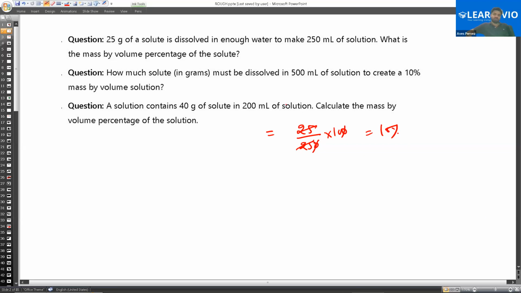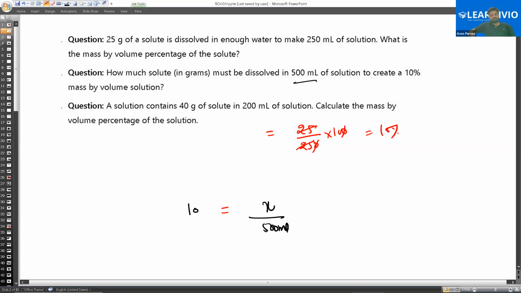The volume of the solution remains the same and it is also given in the volume of the solution. That is 500. So I'm getting 5 grams. It is 50 grams, 10%. You will get 10. And then it is 500 ml, so you have to write 500 ml volume of solution.